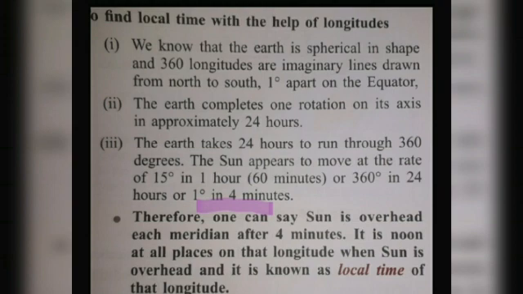So 1 hour is equal to 60 minutes. We can further break it down to 1 degree equal to 4 minutes. Now we can conveniently say that the sun is overhead at each longitude after every 4 minutes. So it is noon time for all of the places on that very longitude.